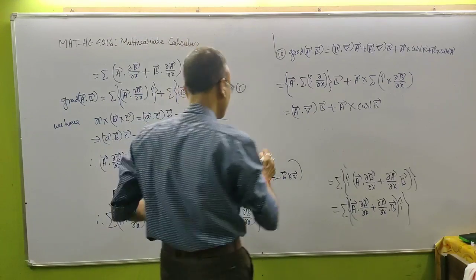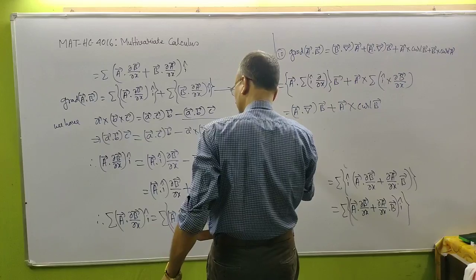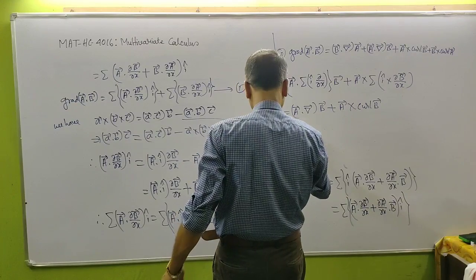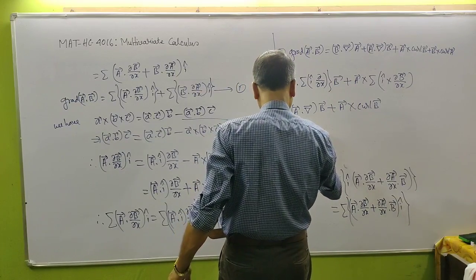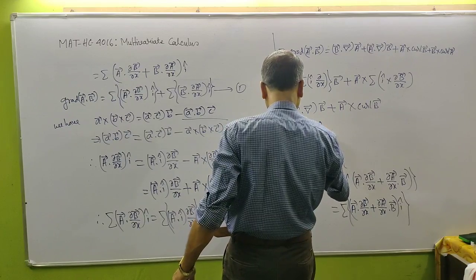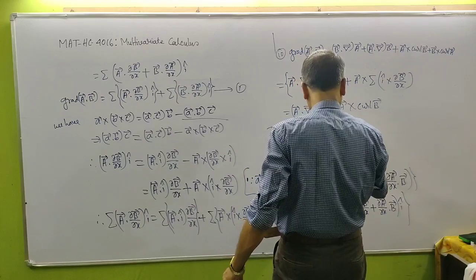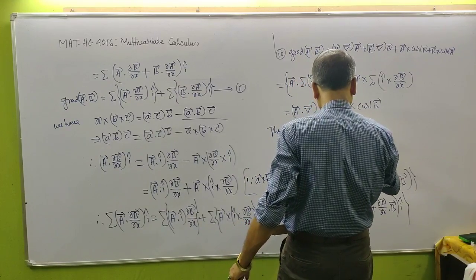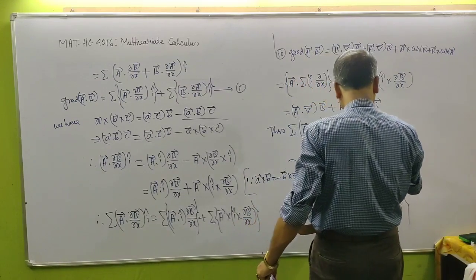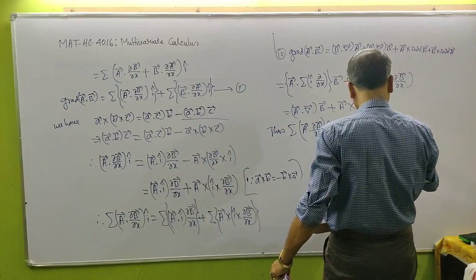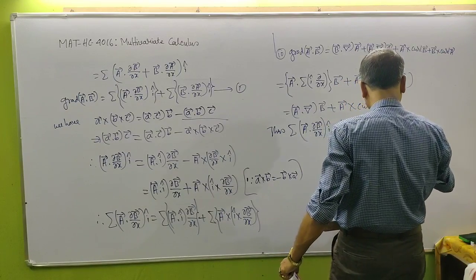This is equal to this. Thus, we have got summation A dot del B by del x i cap equal to A dot nabla B plus A cross curl of B vector.